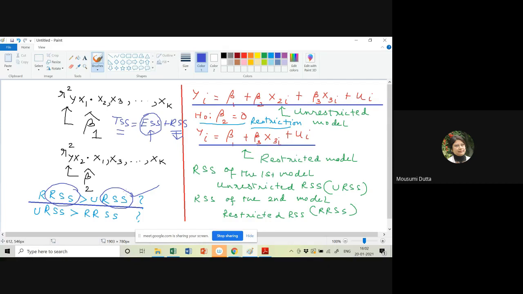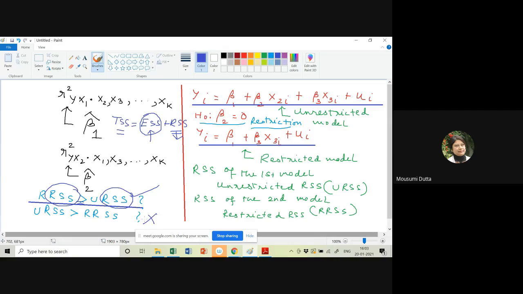What may happen if X2 has almost no explanatory capacity? This RRSS may be greater than or equal to URSS. However, this is never possible. Unrestricted RSS cannot be greater than restricted RSS.